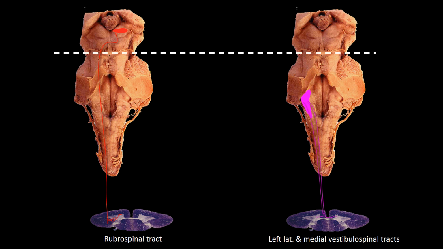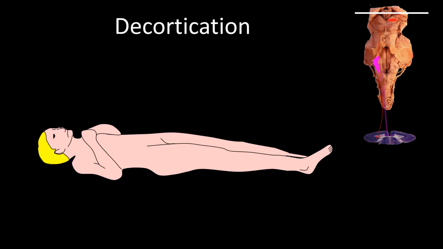A cut below the red nucleus but above the vestibular nucleus produces decerebration. This is so because the extensor prevalence of the vestibular nucleus exerted upon spinal cord neurons is not checked by higher brain centers, including the red nucleus. So, decortication is characterized by arm flexion, the hands going to the heart, as you see in this frame, and leg extension.